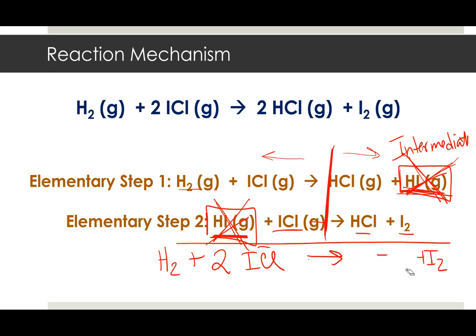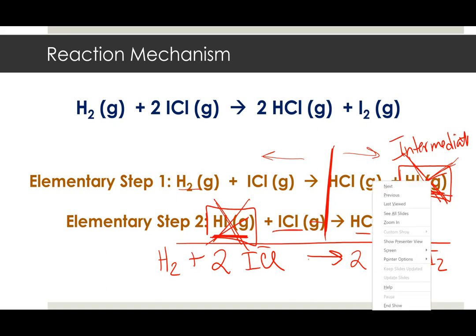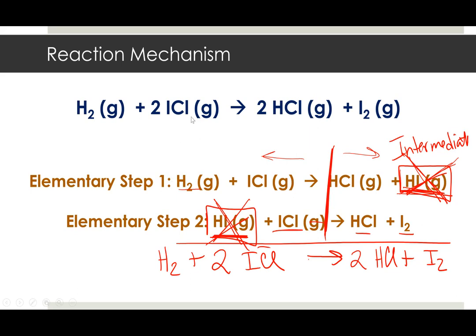So instead of writing them individually, I can say I've got two HCl's that I need to produce. Okay. So elementary steps, identify intermediates, get rid of them, and then add together the two reactions. That gives you your overall reaction. So this is the same as that guy right there. Okay.